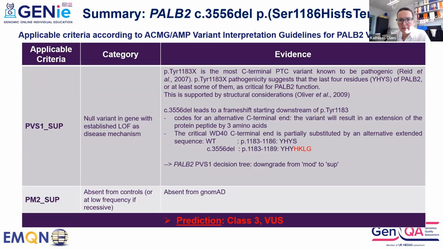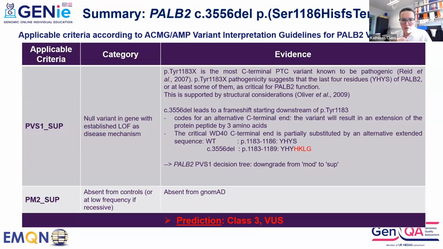This means that the last 4 amino acids of PALB2 seem to be still very critical for the PALB2 function, or at least, maybe not all, but at least some of them. And this is also supported by structural considerations that were published by Oliver et al. in 2009. What happens now when this deletion takes place at position 3556?